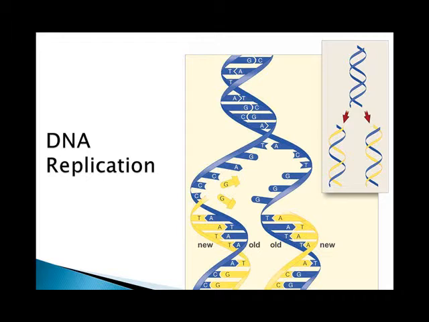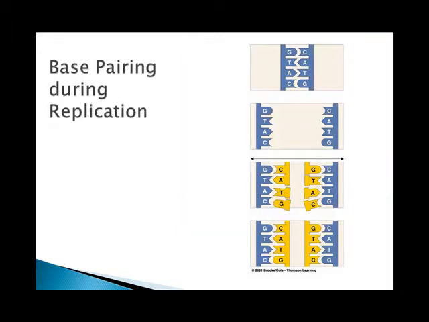First you start off with two strands of DNA that have to unwind to expose these bases. Then the unattached bases produced in the nucleus will come into the exposed fragments and pair with the exposed bases. This results in DNA molecules that have one old strand and one new strand. So this is called semi-conservative replication.